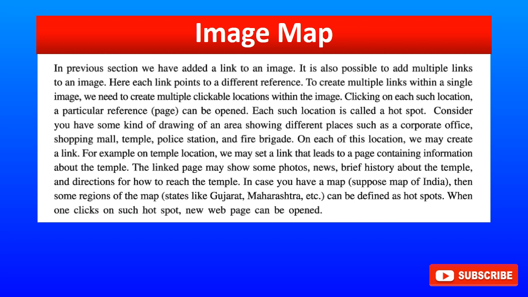And if the person clicks anywhere in the area of the map where the Gujarat state is, then another web page displaying the information of Gujarat will be displayed, and exactly the same for all other states. So how to create that we are going to learn right now. To learn this concept, we need a map.